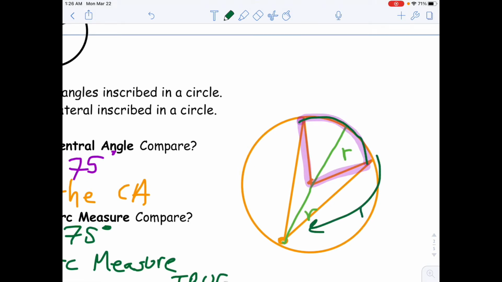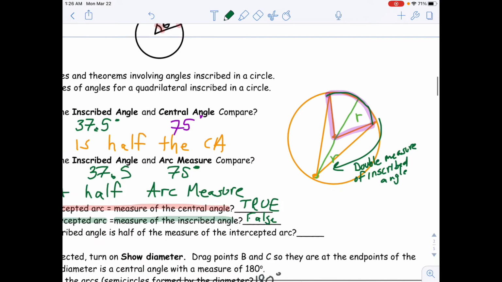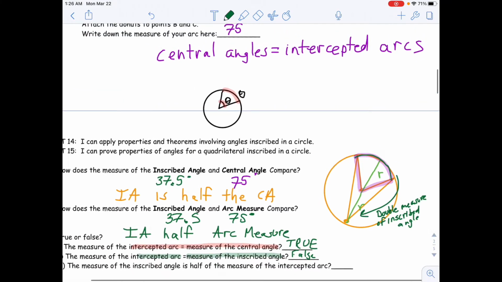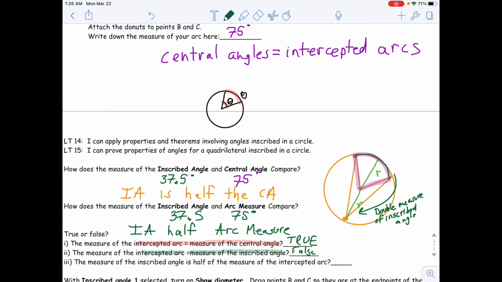Remember, it's half, or going this way, you can say either it's double the measure of the inscribed angle. All right, and then the inscribed angle is half the measure of the intercepted arc.